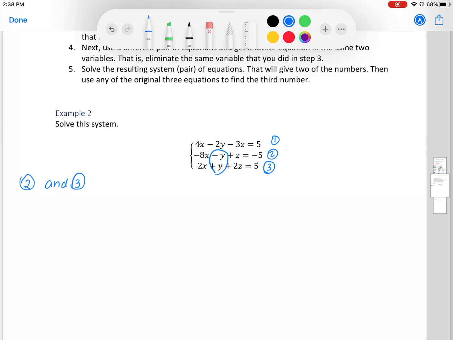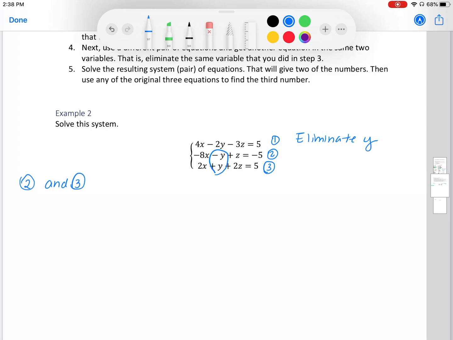So our first goal is to eliminate y twice. It doesn't have to be y, it can be x or z. Y caught my eye because I saw those were an easy one to attack.